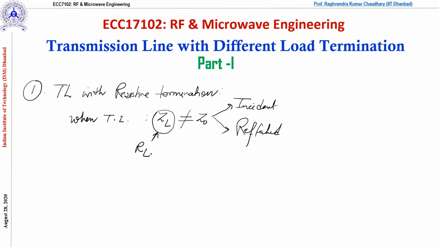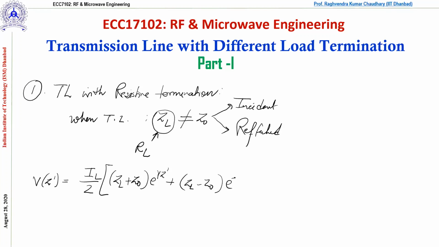Fine. Now we need to recall the previous equation, what we studied. If you remember, that V(z') is equal to IL by 2 [(ZL plus Z naught) e to the power gamma z' plus (ZL minus Z naught) e to the power minus gamma z']. This is the equation.